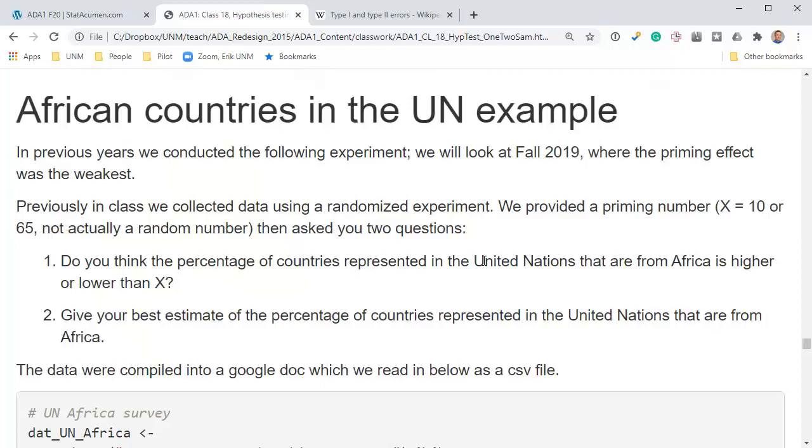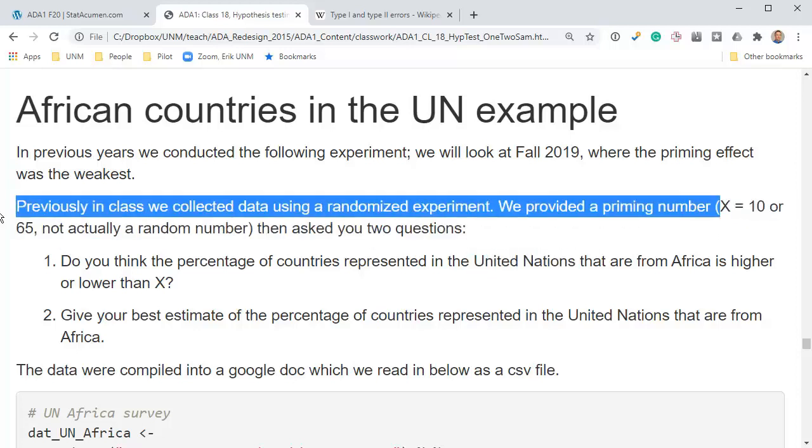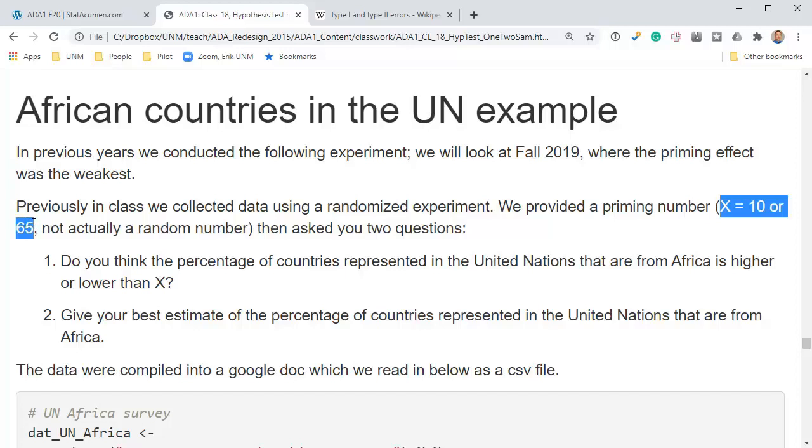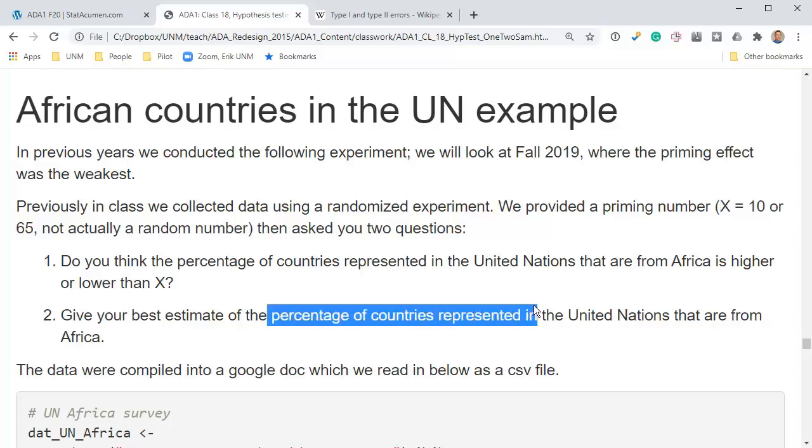Okay, African countries in the UN. I discussed the example in the last video. We gave a priming number to students and asked them to guess whether the number of countries in the UN was greater or less than this random number, either 10 or 65, and then to give their best guess as to the percentage of countries in the UN that are from Africa.